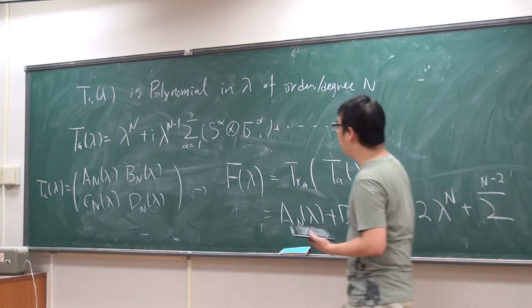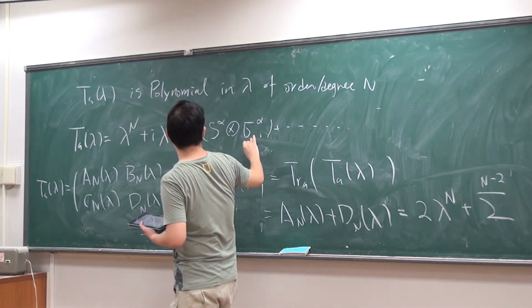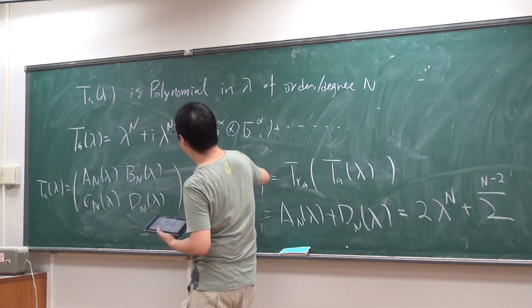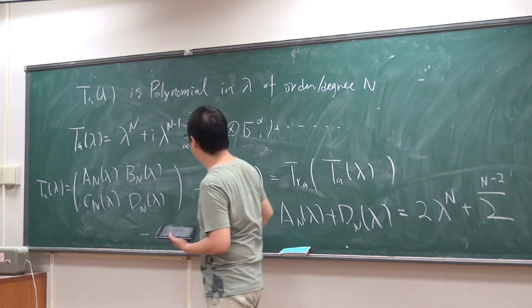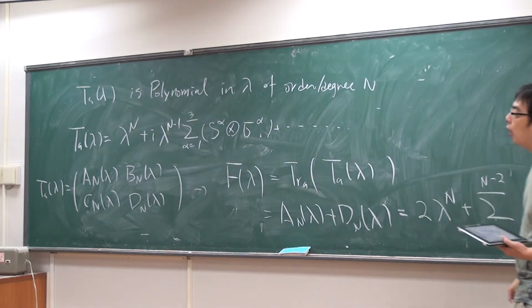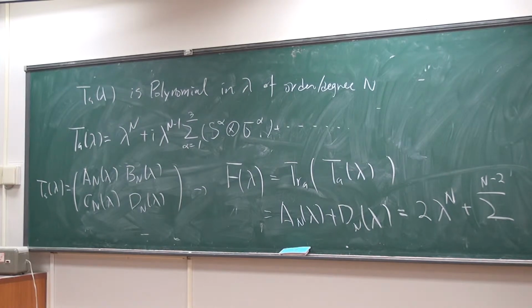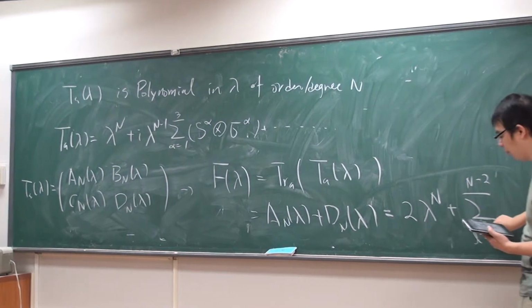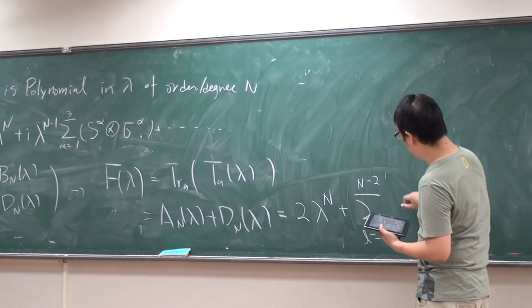But now, because of the trace, we are tracing over the Pauli matrices. The trace of a Pauli matrix is zero, which means the coefficient for lambda^(n-1) vanishes. That's why the summation only goes up to n minus 2.